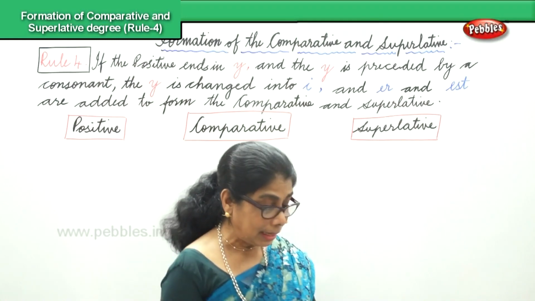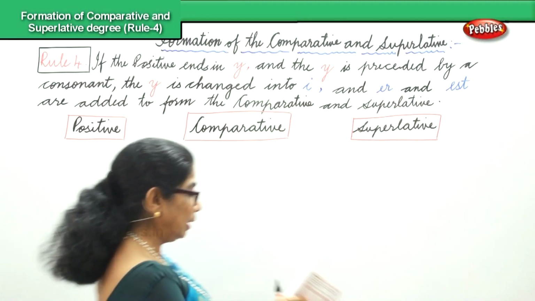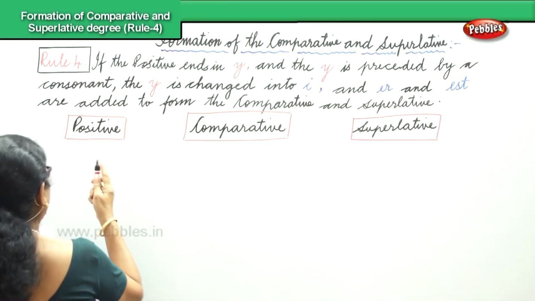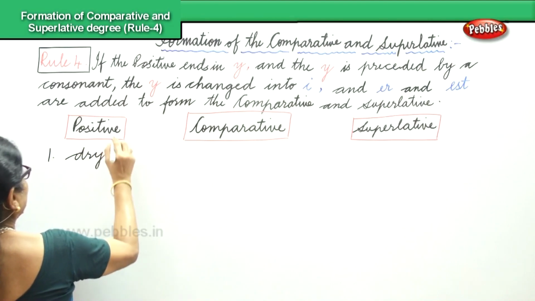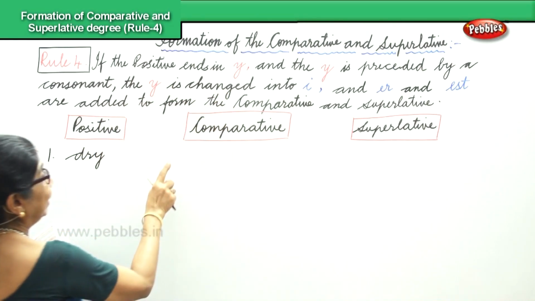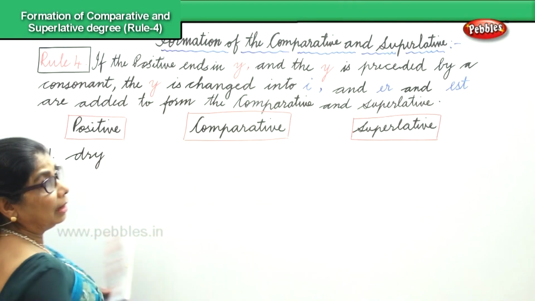Let's look at the words I have here for you. Now, the first one is dry. The positive ends in Y and it's preceded by a consonant R. Then what happens? The Y is changed into I and then ER is added.